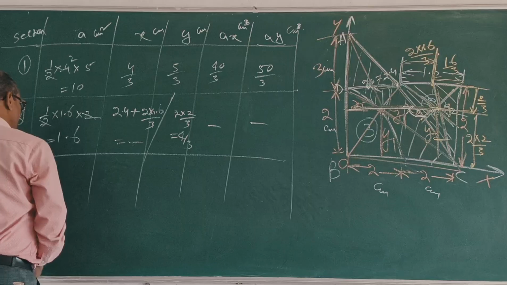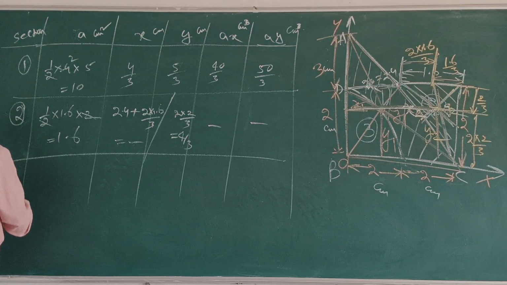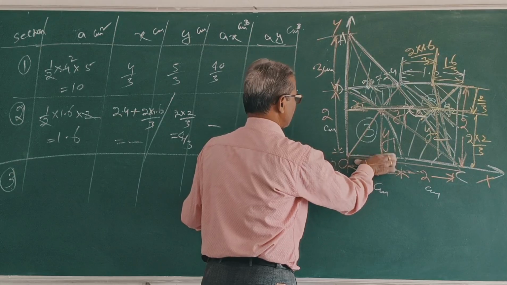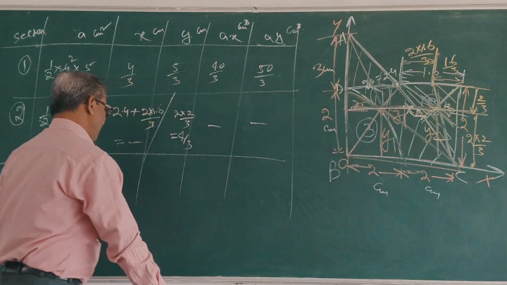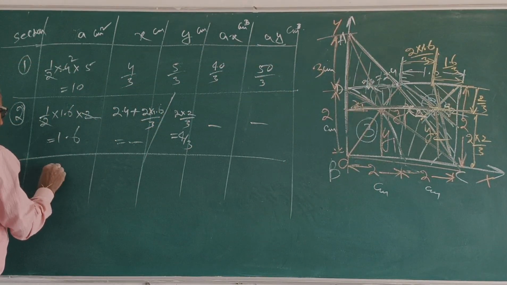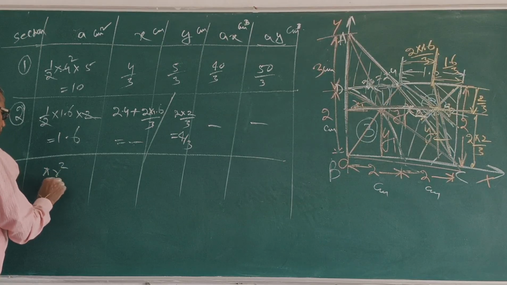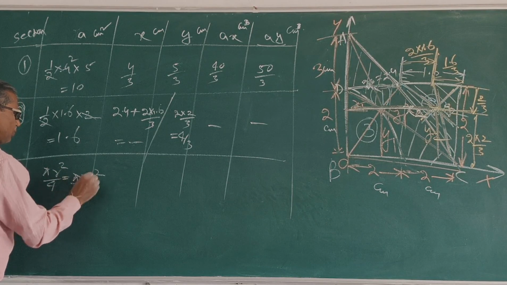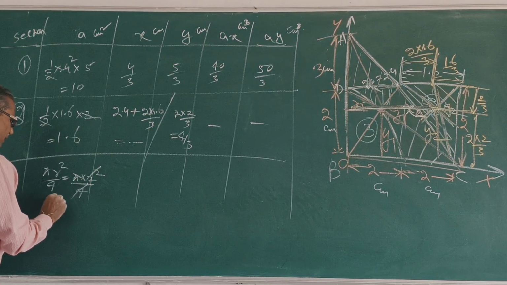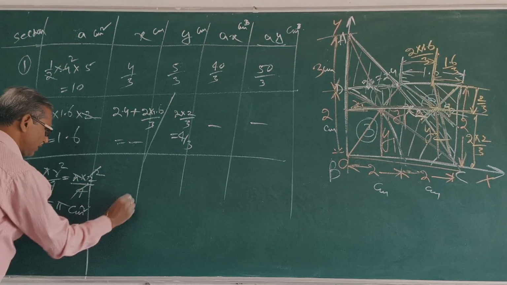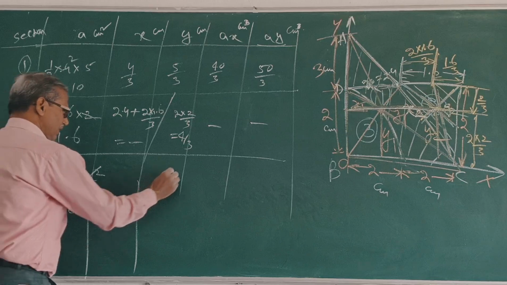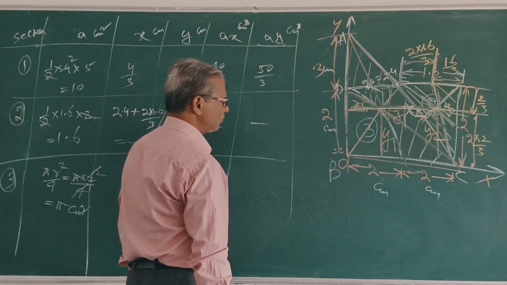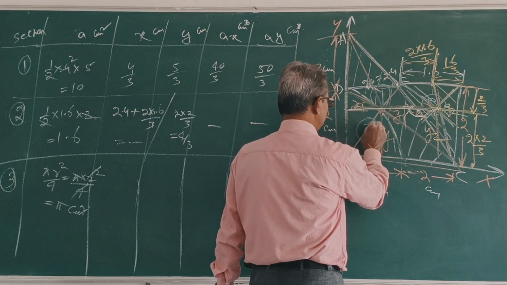For 3, this is section 3. This is section 3, radius 2. What is area? Pi r square by 4. Pi into 2 square by 4. Pi. Clear? Similarly, this is G3.